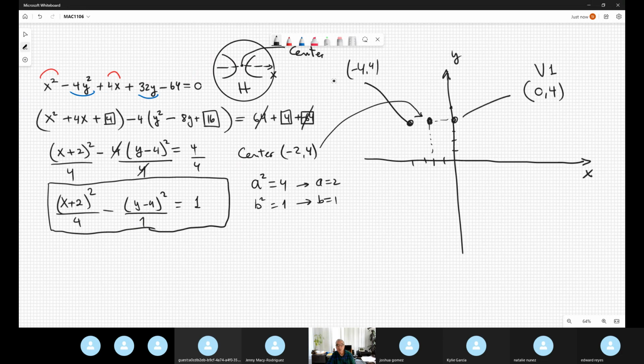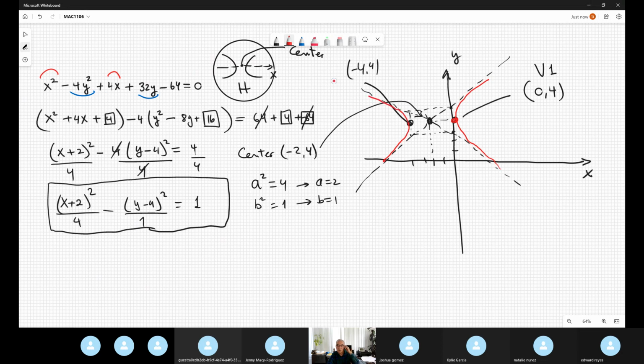You move 1 here, 1 here, 1 here, and 1 here. The dimension is a in the horizontal direction, b in the vertical direction. And these are our asymptotes. I want to determine the equation of these lines, but this gives me some idea of how my hyperbola looks. My hyperbola passes through the vertex, opens in that direction and approaches, but never touches, the asymptote. And the other branch is exactly the same.